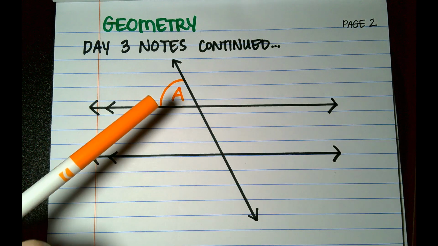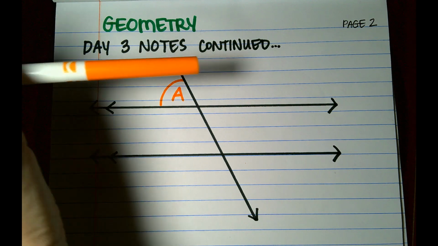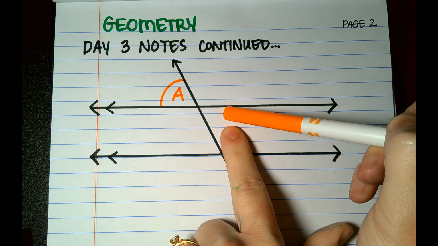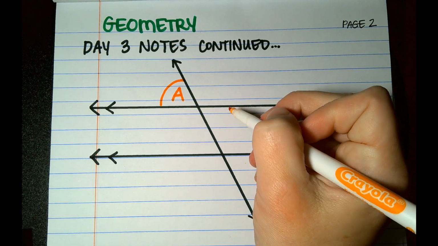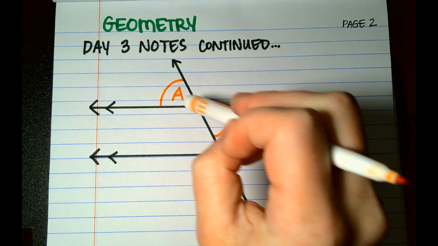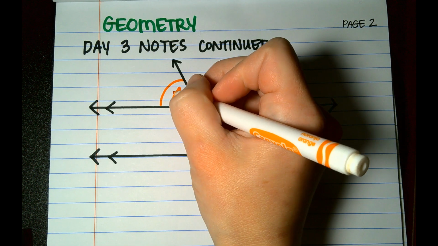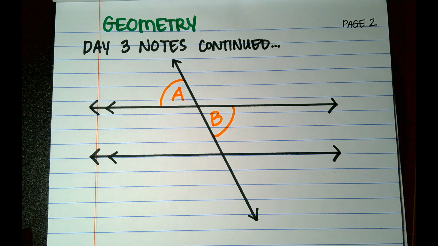Now, if I look at angle A and I go directly across, kind of diagonally, what do you think I can say about the relationship between angle A and we'll call this B? Equal. They're equal to each other.